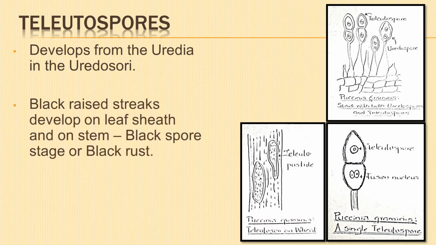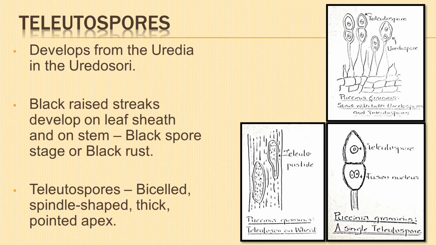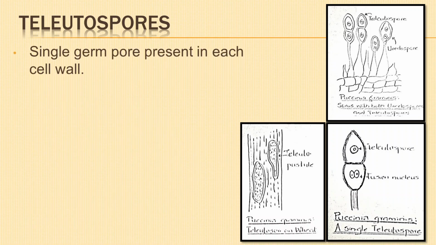Black raised streaks develop on leaf sheath and also on stem and is therefore called the black spore stage or black rust. The teliospores are bicelled, spindle-shaped, thick, smooth-walled with pointed apex. There is a single germ pore in the wall of each cell.